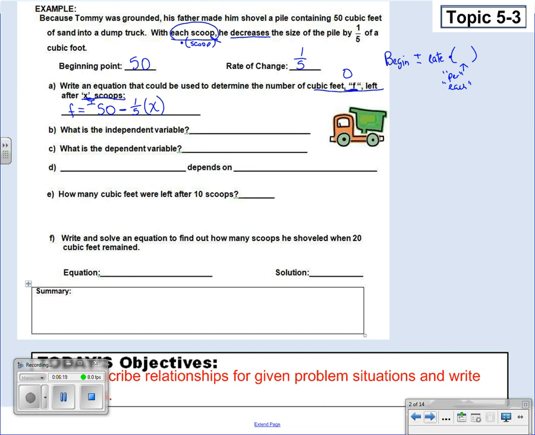The independent variable, our independent is our I, and if we look up here, we said our I or our inside was X, so our independent is X, which is the number of scoops. That means the dependent is our outside. Our outside was F, so F represents the cubic feet left.